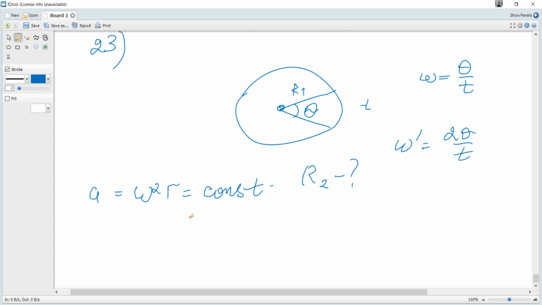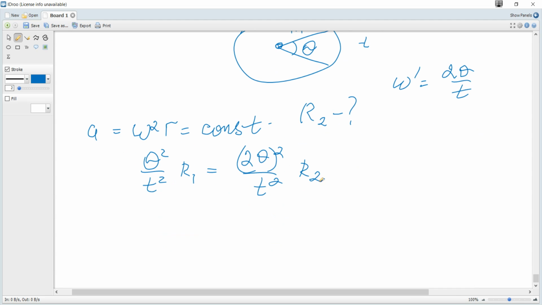Initially it's theta squared over t squared times r1, and it should be the same as 2 theta squared over t squared times r2. And we can see that r2 must be what? r1 over 4. 2 squared is 4, and move to the left. So it's A.